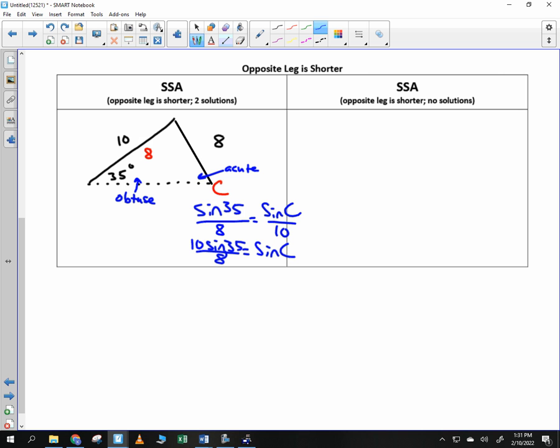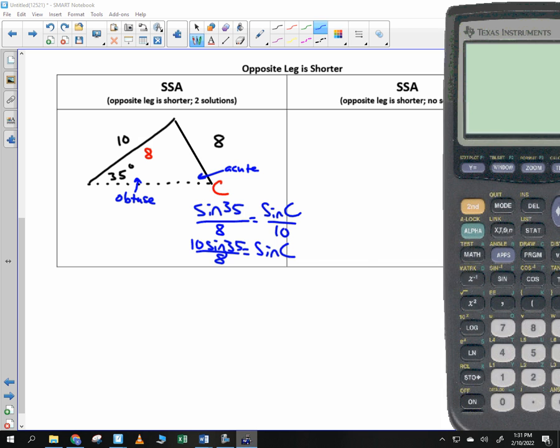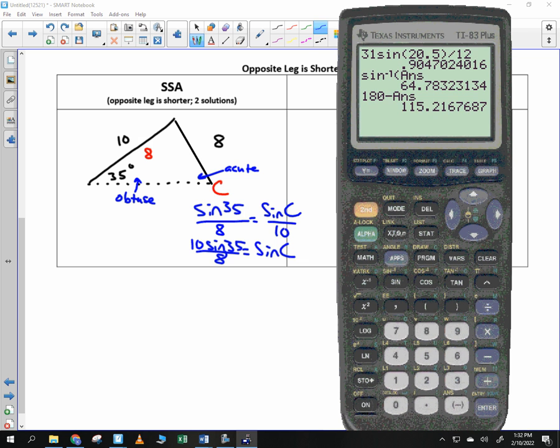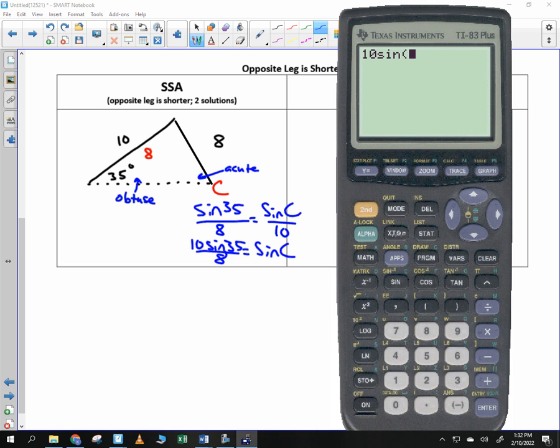This is what we practiced yesterday. So let's go to work. I'm going to figure out what I get. 10 sine of 35 divided by 8 is equal to 0.7169705. We'll just stop there, okay?